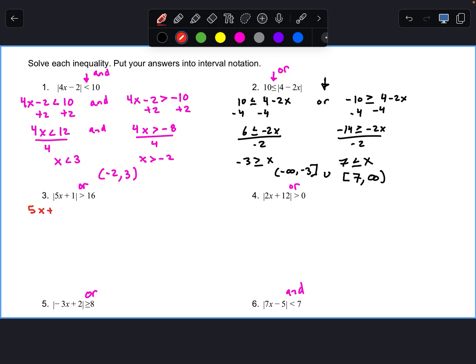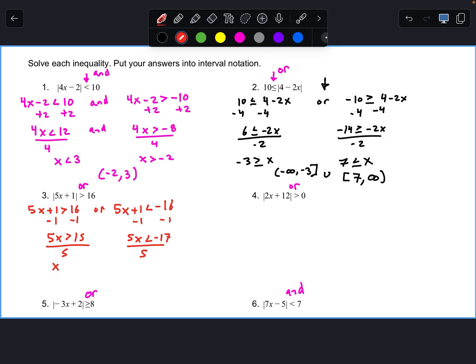Again, we simply set the problem up, writing it as we see it, and then including the same kind of problem, but with a negative value. So we flip the sign and it's negative 16. As we do our inverse operations, we should, again, end up with two values.